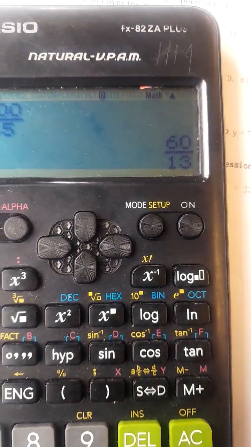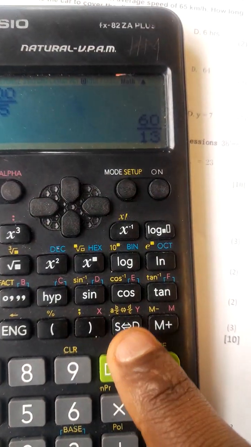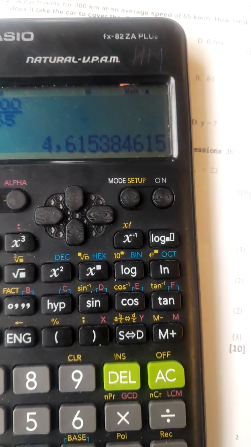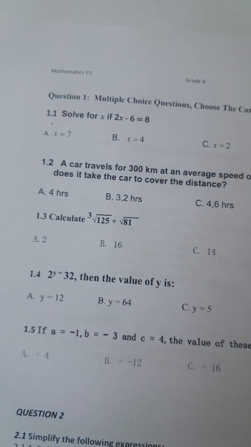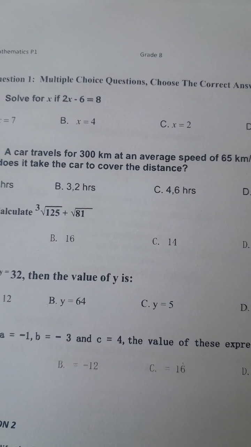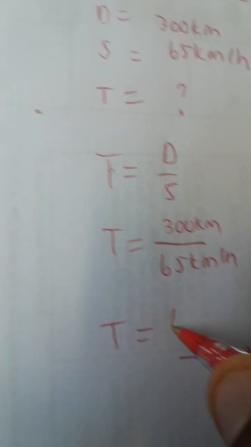It gives us 60 over 13, but if we want to express that fraction as a decimal, we come here and we press S-D. And then we get 4,61. Okay. Now, if you look at our answers are one unit, one decimal place, one decimal place, 1 unit. So basically 4,61.